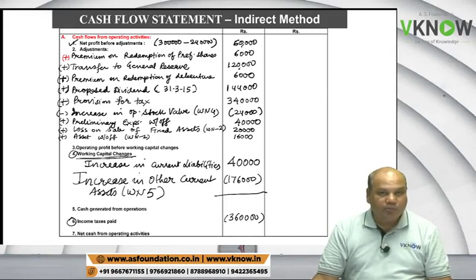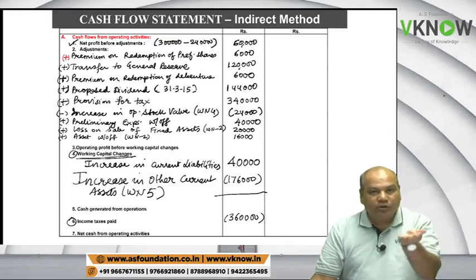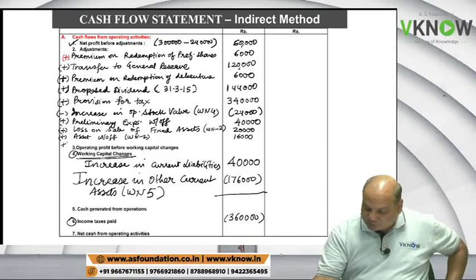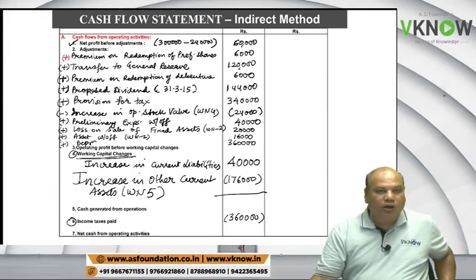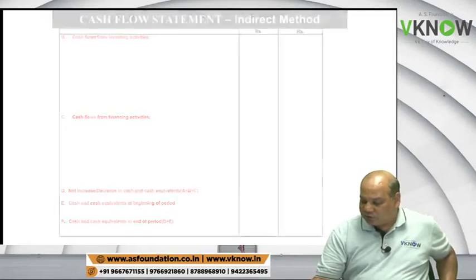Ready for the next point? See, depreciation on fixed asset is 3,60,000. Depreciation will be added back. So once again in adjustment on the screen, add depreciation 3,60,000.